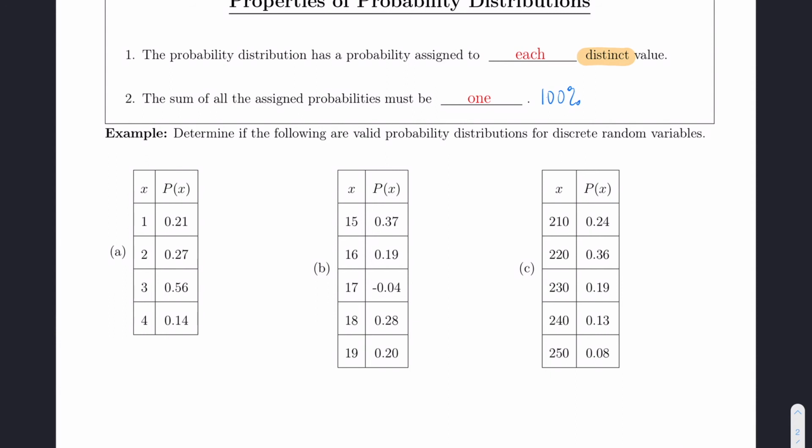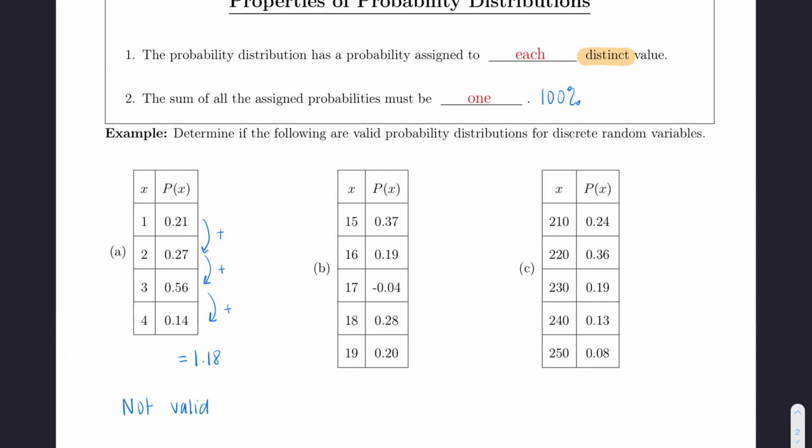So before you add these up, you should make sure that all of the probabilities themselves are valid. Here, all of these probabilities look totally valid, so I'm going to check to see if they add up to 1. When I add each one of these, my result is 1.18, which means that this is not valid, right? Because I'm getting a probability greater than 1, which is not possible.